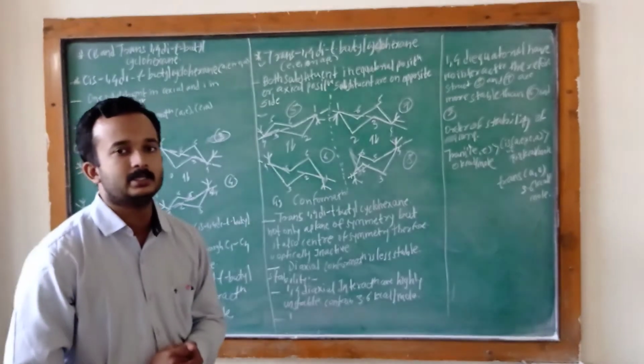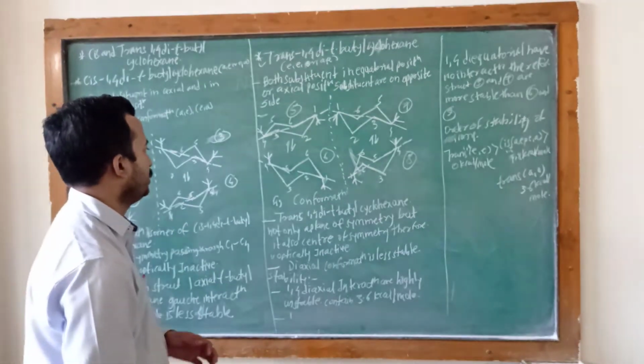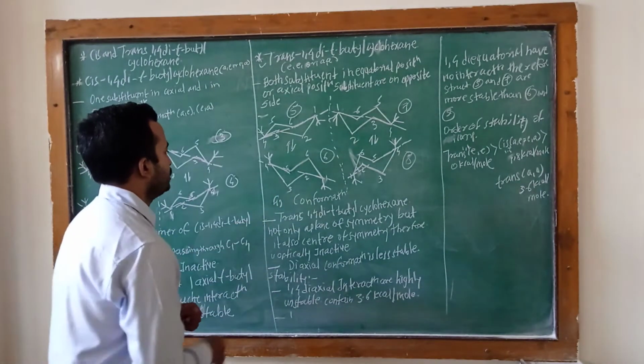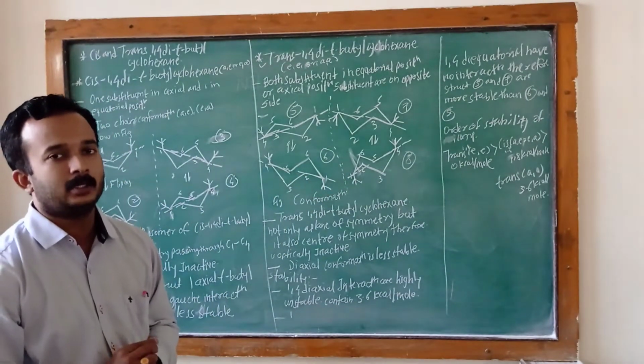Therefore the trans 1,4 ditertiary butyl cyclohexane is optically inactive. Why is it optically inactive? Because this structure shows the center of symmetry, therefore it is optically inactive.